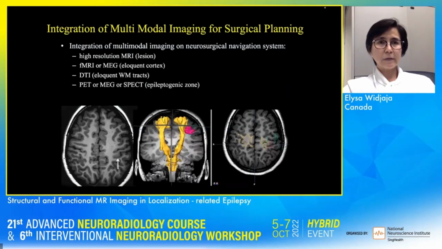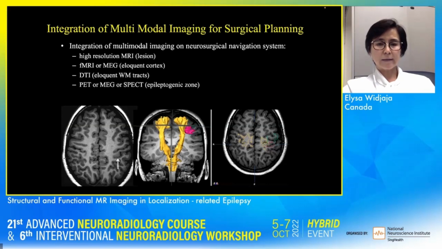So we have reviewed a number of functional imaging modalities as well as structural imaging to identify the lesion and to localize the eloquent cortex and white matter tracts, as well as to localize the epileptogenic zone. At our institution, we would routinely integrate all these different imaging modalities on the neurosurgical navigation system.